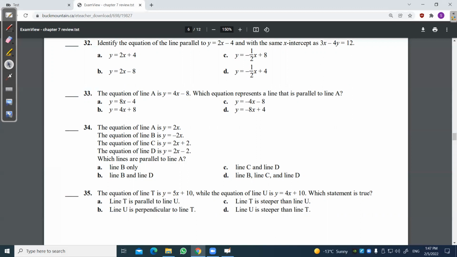Which one of them is parallel to line A?